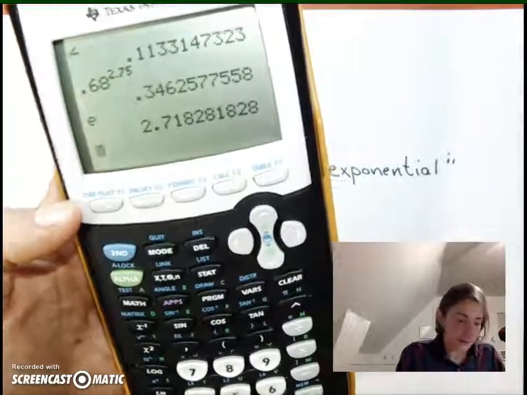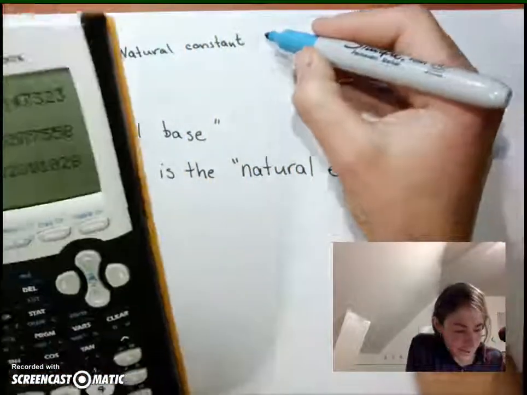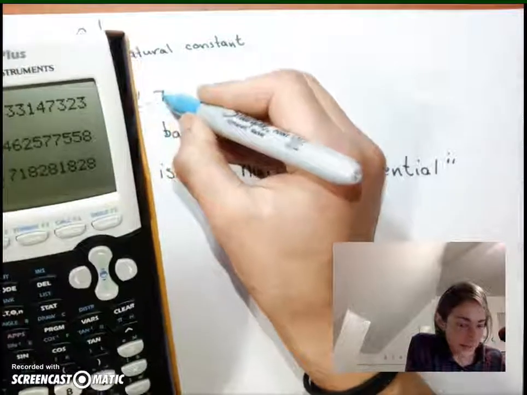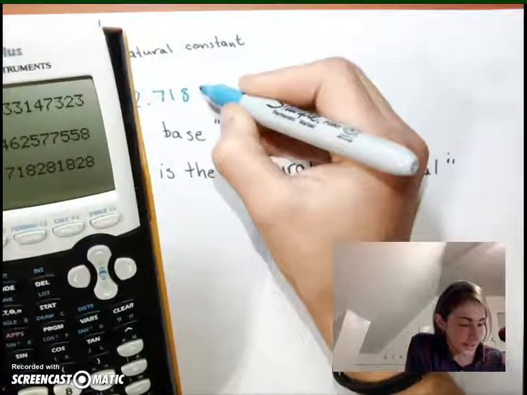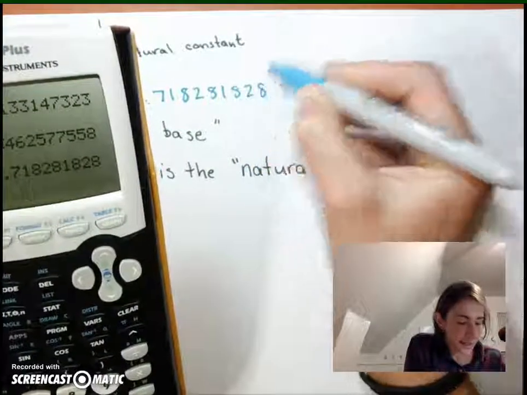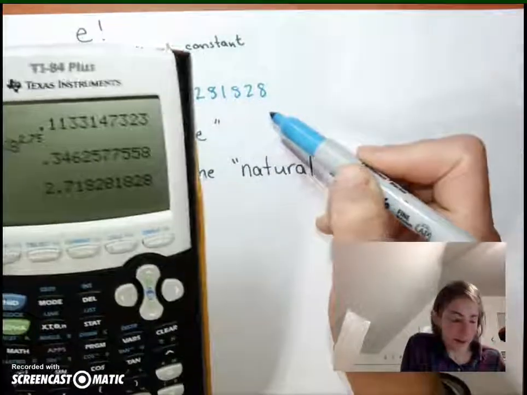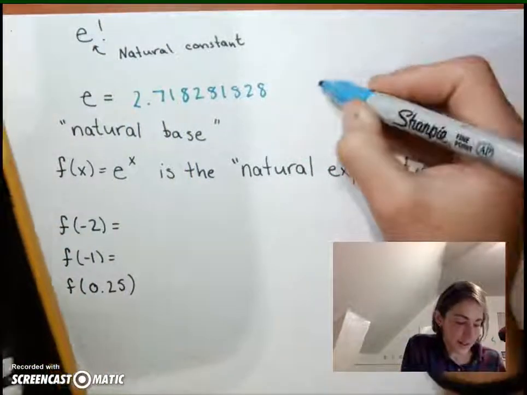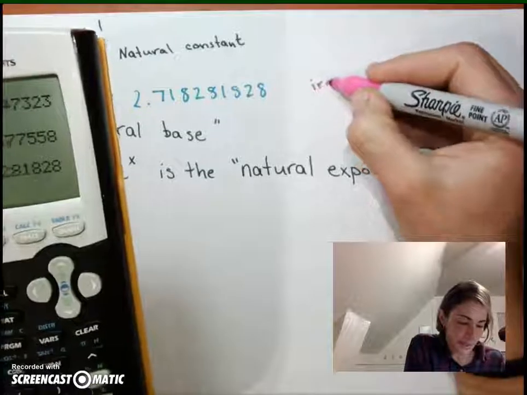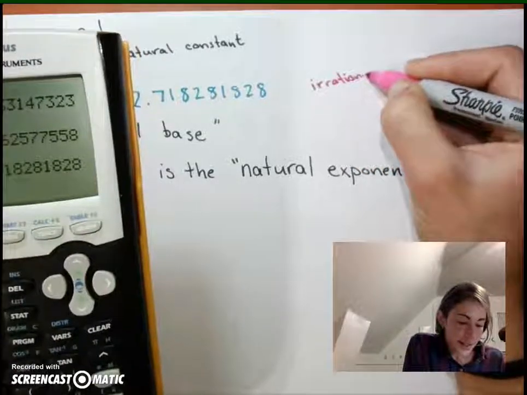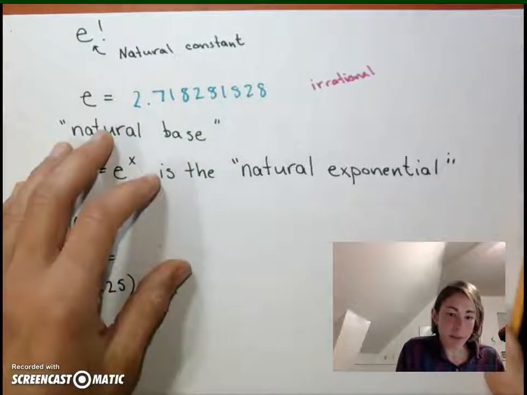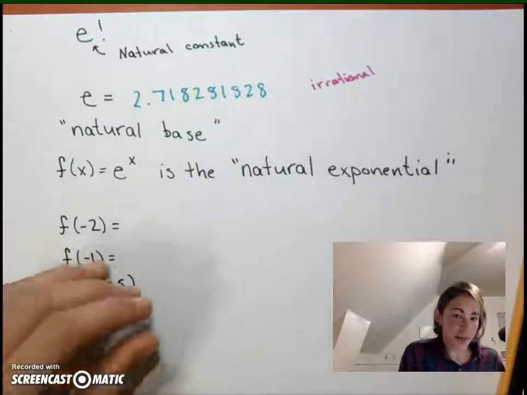This is the value for this special constant. So e equals approximately 2.718281828. It looks like there might be a pattern here, but it turns out that e is irrational, so this pattern does not repeat. It has a lot of special properties that, again, you'll study more in calculus.